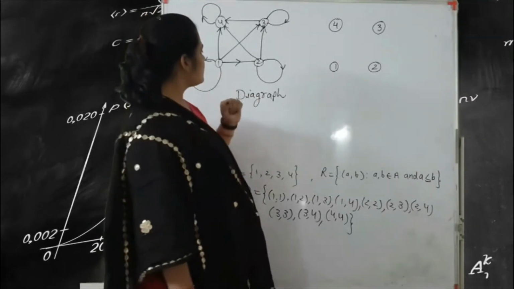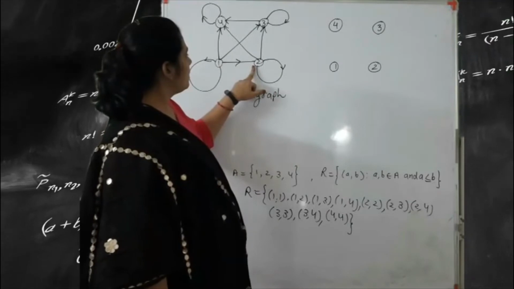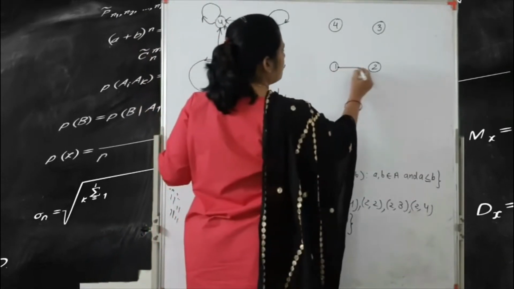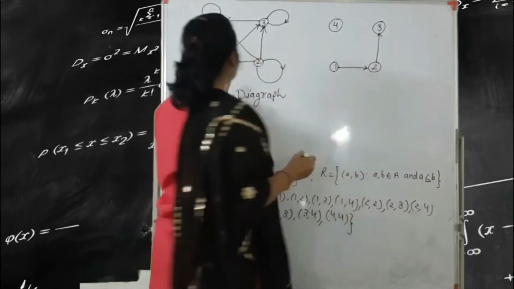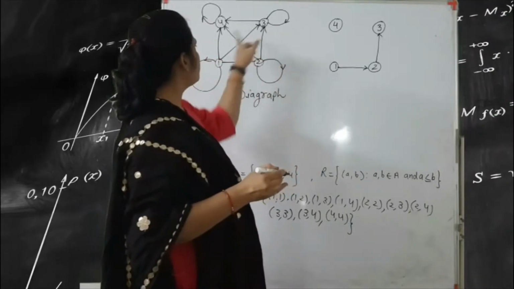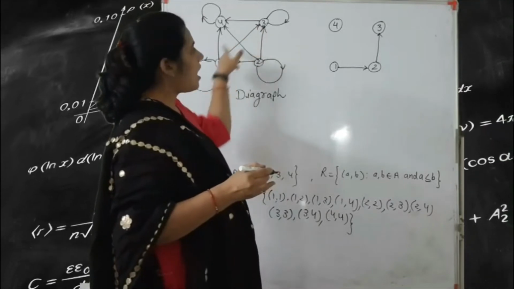Next one is 1 to 2 and 2 to 3. So we draw here 1 to 2 and 2 to 3. Here we ignore the arc 1 to 3. Why?